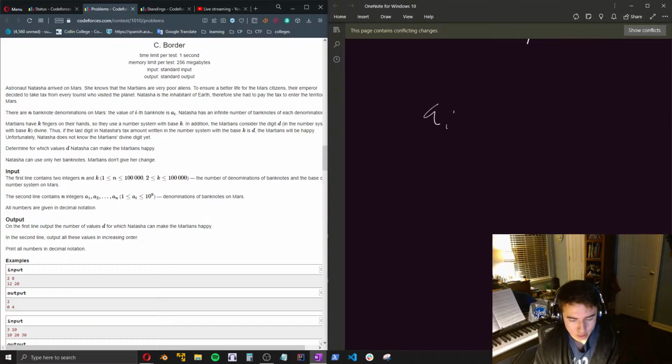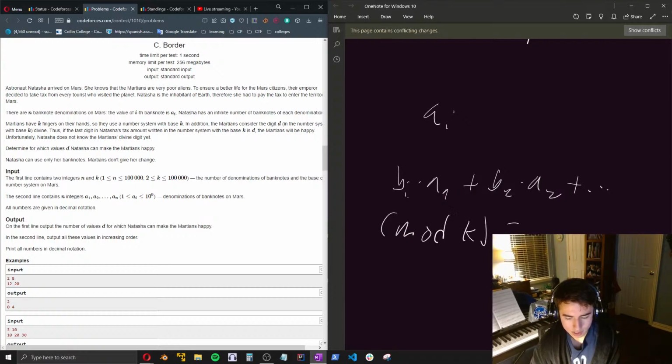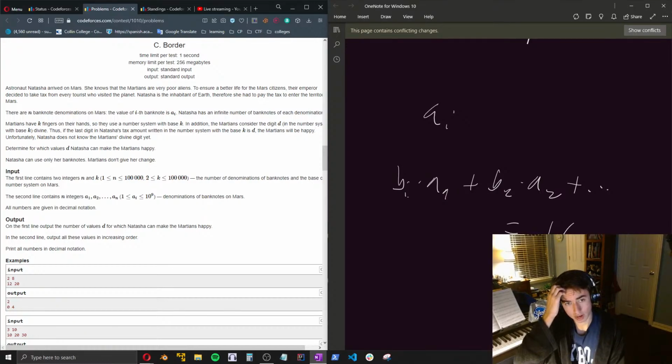So we want to choose coefficients b_i such that b1 times a1 plus b2 times a2, where b is all integers of our choosing, etc., mod k is congruent to d mod k, and we want to see which moduli we're able to create, right?